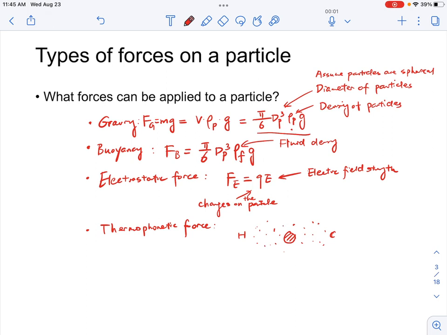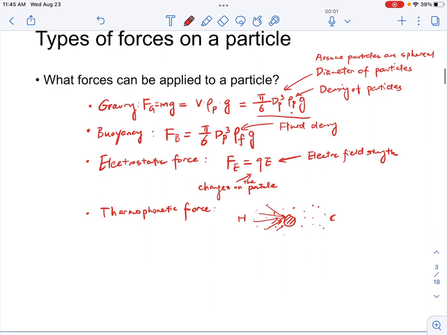The air molecules are going to collide with the particle, like tiny balls bombarding the larger particle here, okay? Because on the hotter side the gas molecules have higher speed, higher kinetic energy, higher momentum, they're going to give this particle a net movement towards the colder side.